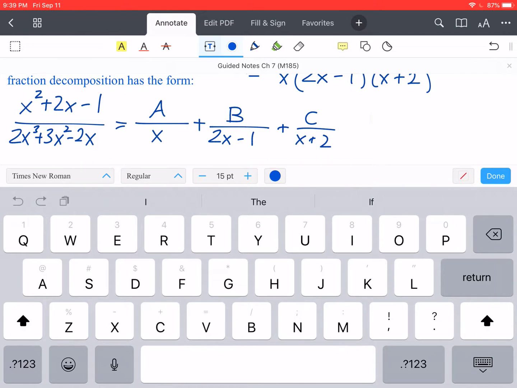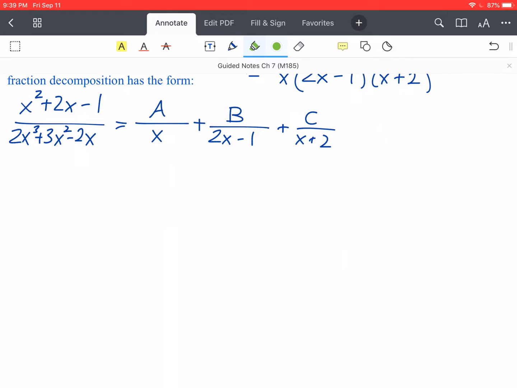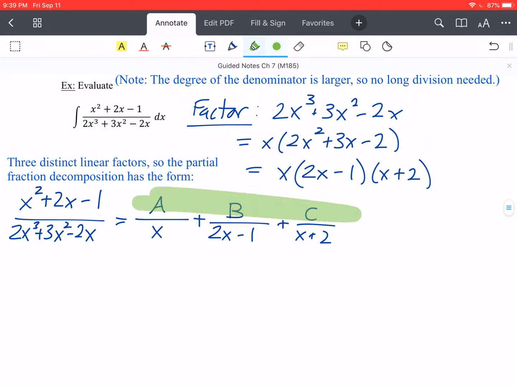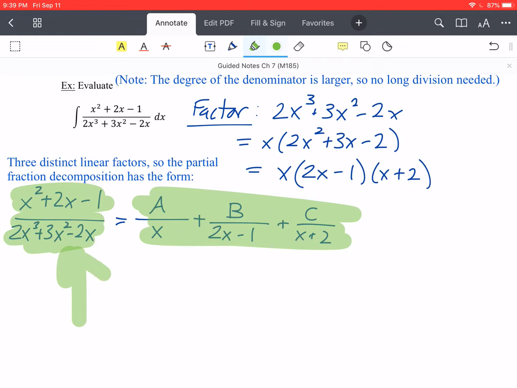And what we need to do is I want to integrate this function instead of this one, because this one is very complicated and doesn't look like I could integrate that very easily. So I want to integrate this side instead, but to do that I need to find what A, B, and C are.